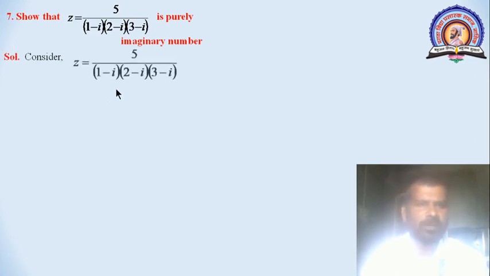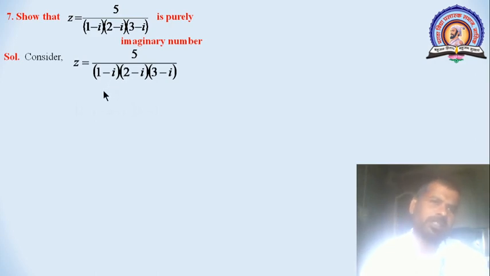The next example is show that z is equal to 5 upon (1 minus i)(2 minus i)(3 minus i) is a purely imaginary number. Purely imaginary means we have to show that its real part is 0. So consider z, and multiply the first two brackets first.